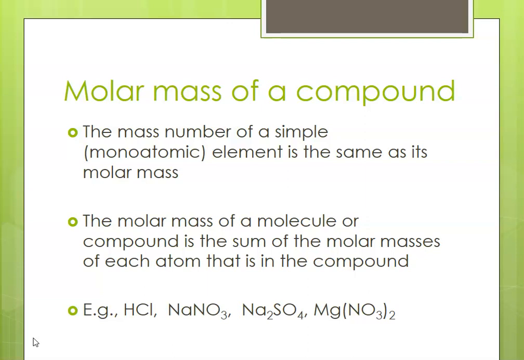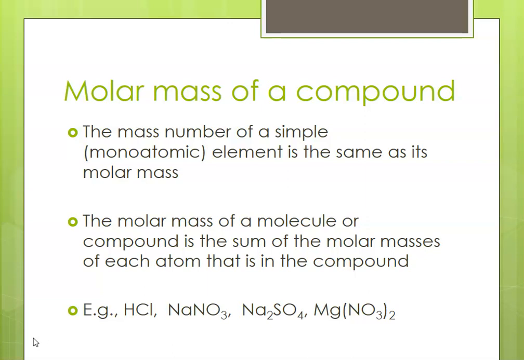For simple elements like copper or sodium or helium, I can just look at the periodic table. It tells me the molar mass of that element and away we go.